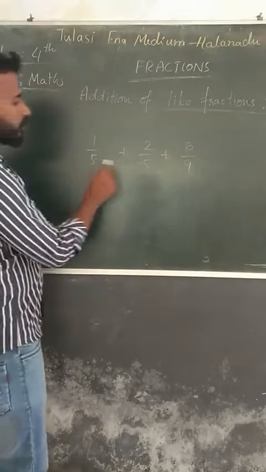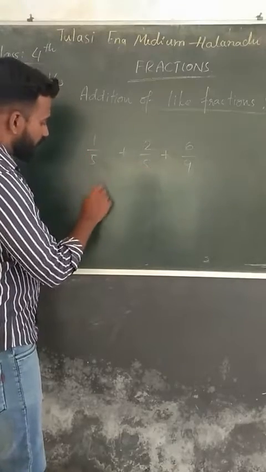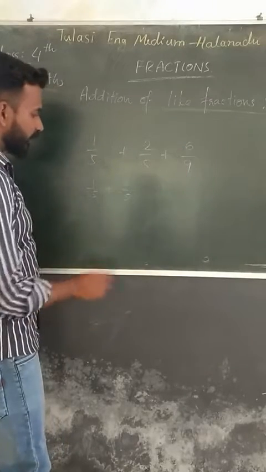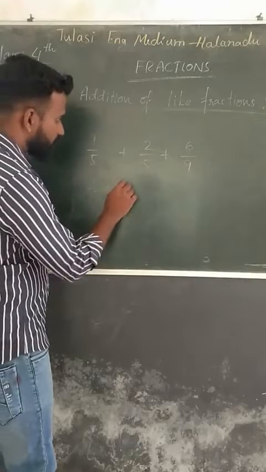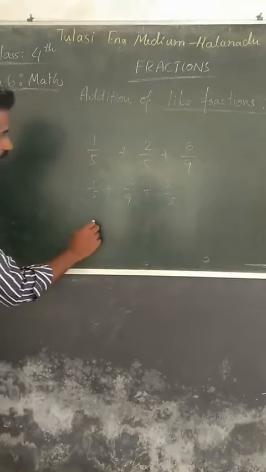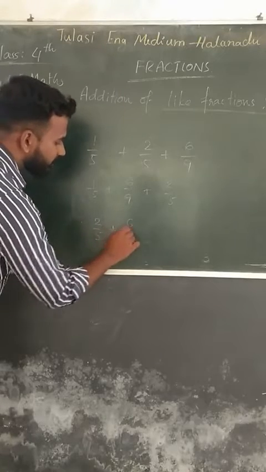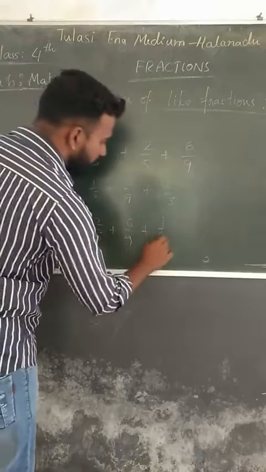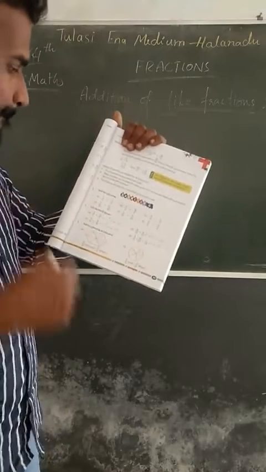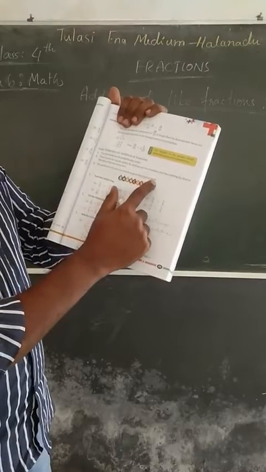We can add 1 by 5 plus 2 by 5, then add 6 by 9, or add 1 by 5 plus 6 by 9, then add 2 by 5, or add the second and third fractions, 2 by 5 plus 6 by 9, then add 1 by 5. We can add in any order, the result is the same. The addition of 0 to a fraction gives the fraction itself.